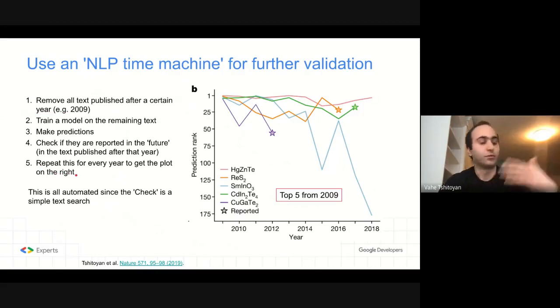You can repeat this for every year going back, and see if what you're predicting is real or not. Here, one example is the top 5 from 2009. We had these top 5 materials, and they came up ranked 1 to 5. And this material here, copper gallium telluride, is nowadays one of the best thermoelectrics.